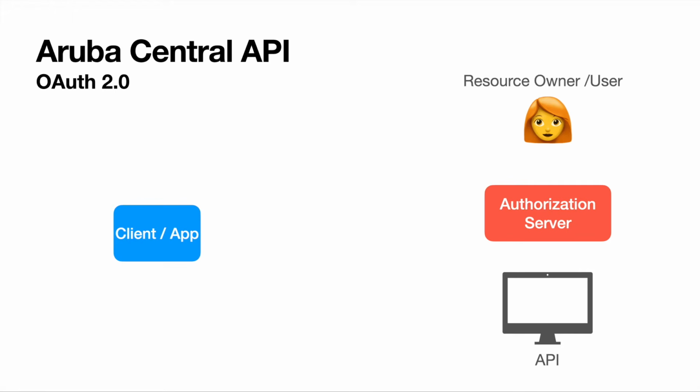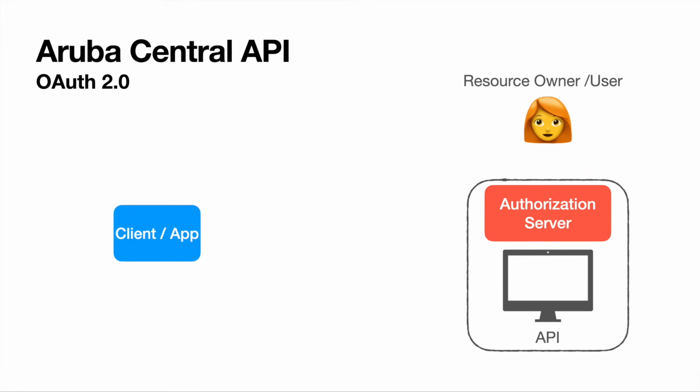When we're thinking about Central, I believe it's better to think about the authorization server and the API as a single entity, because you're just sending to the base URL of Central for your authorization and for your API calls. It is different suffixes, but it's not like you're sending off to two completely separate servers. So I've combined those two as a single entity that we're firing our API calls to.